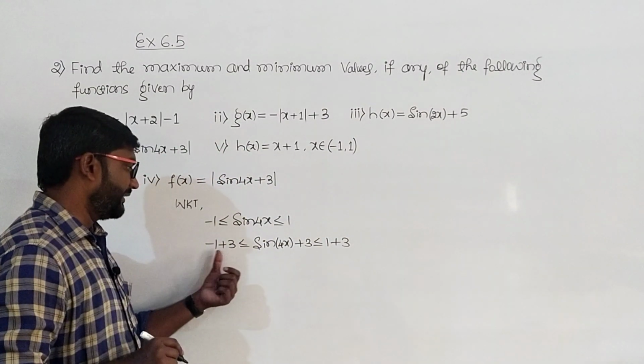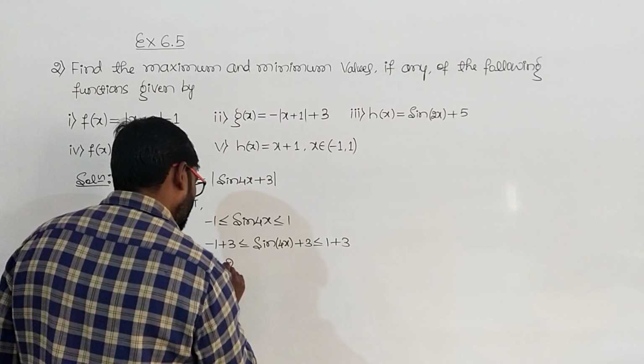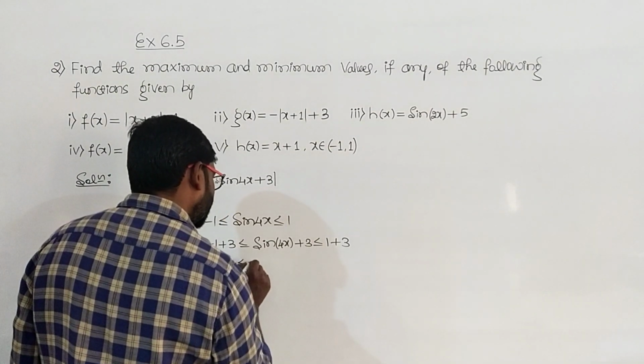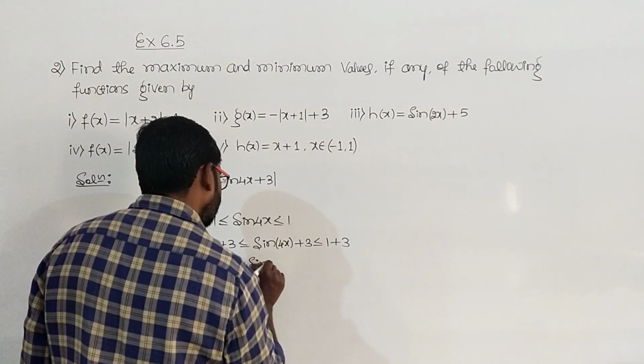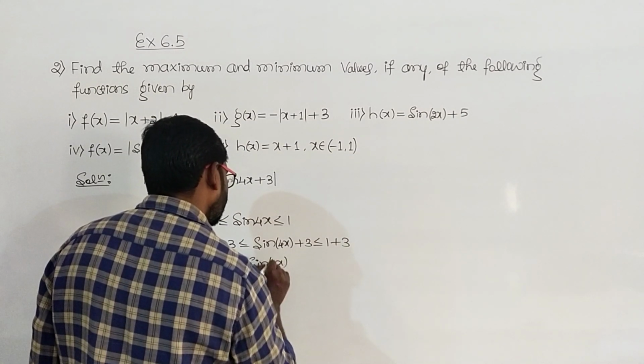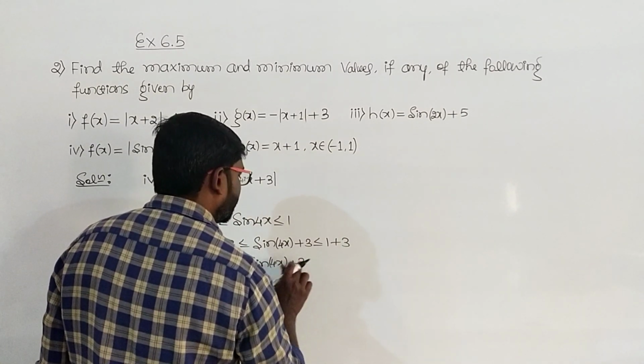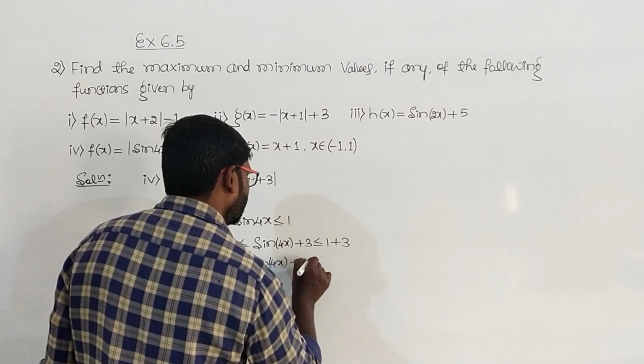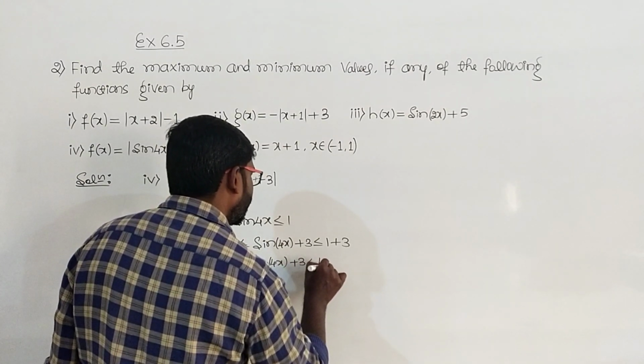Now 3 minus 1 is 2, so you get 2 less than or equal to sin 4x plus 3, and then less than or equal to 1 plus 3, which is 4.